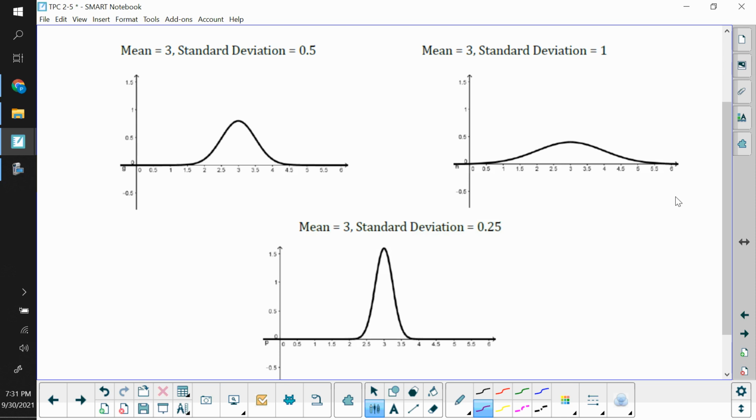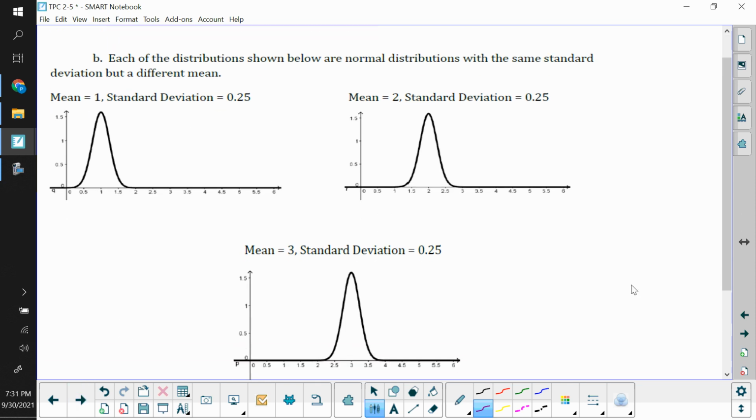But there are 3 different standard deviation numbers. Like we talked about last class, the bigger the standard deviation number, the more spread out. So that standard deviation of 1 is our biggest, and that data is the most spread out. The 0.25 here is the smallest of the standard deviation numbers. Notice our data is the most compact.